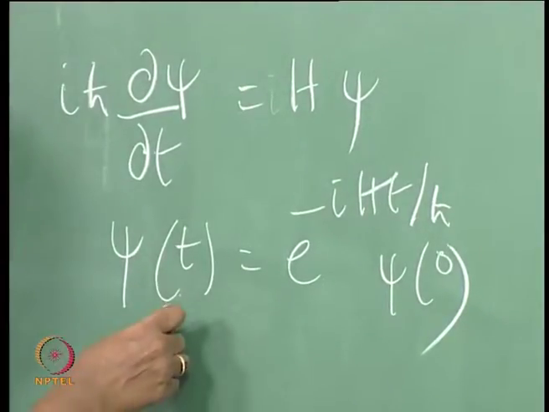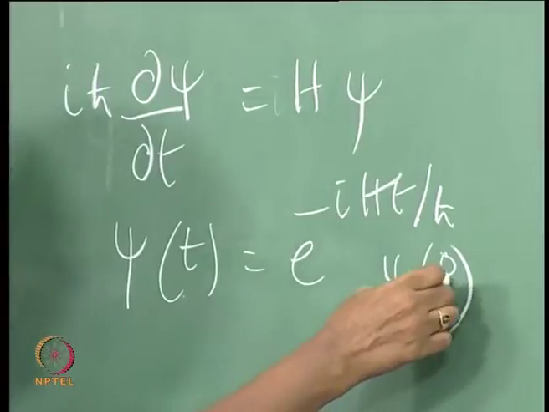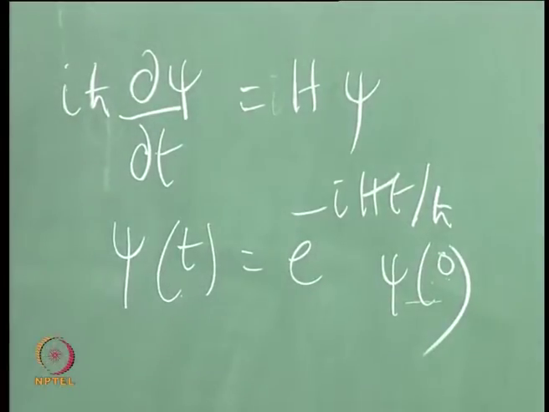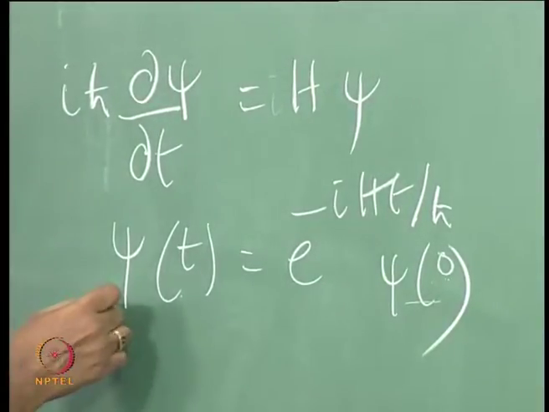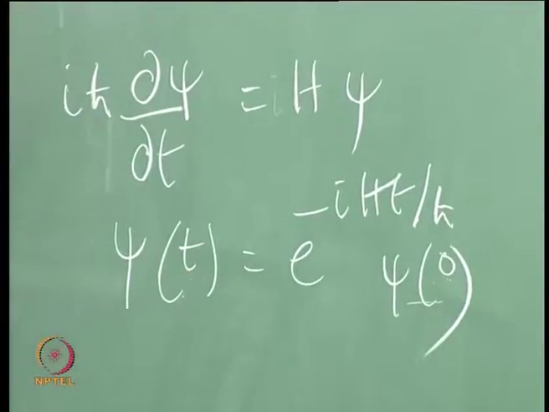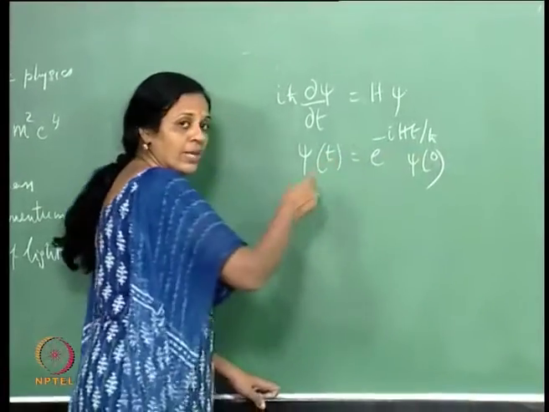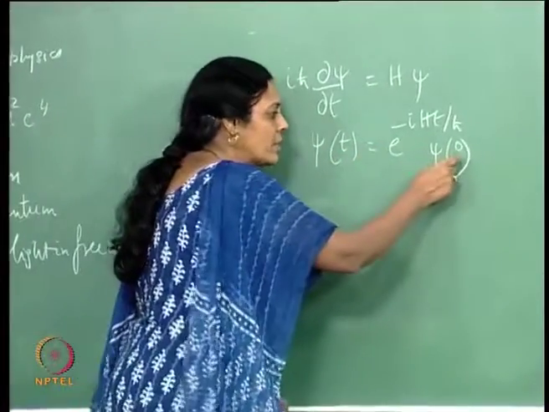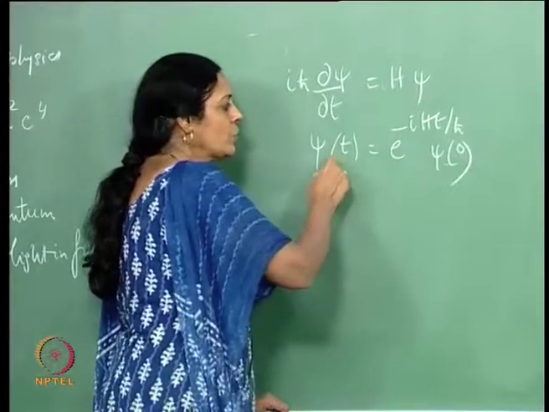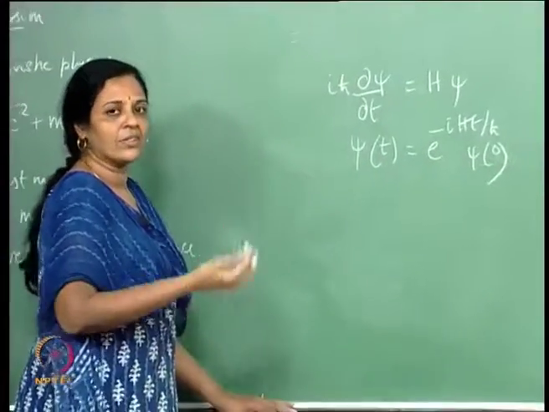Now one thing is clear, that if I give you ψ at the initial time, whatever may be the initial reference time, I can find ψ at any other later time without knowing what ψ was at any time between 0 and t. All I need to know is the initial value ψ(0), and I can give you ψ at any later time.